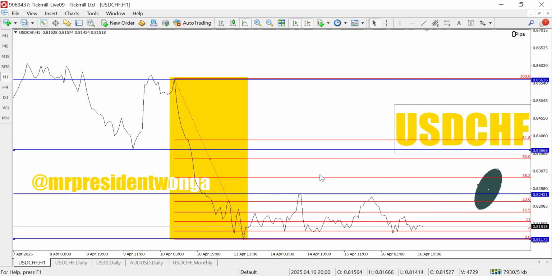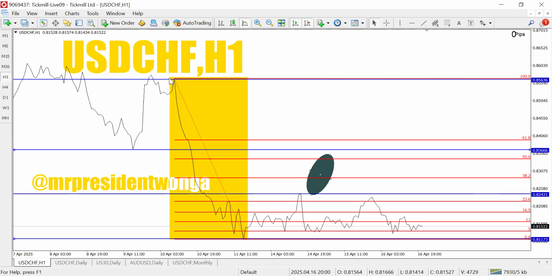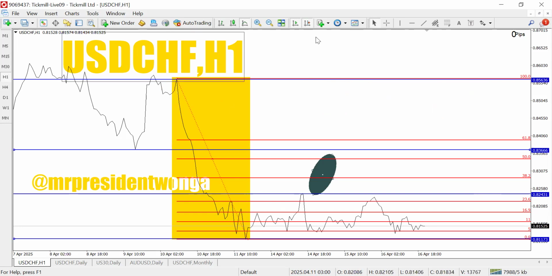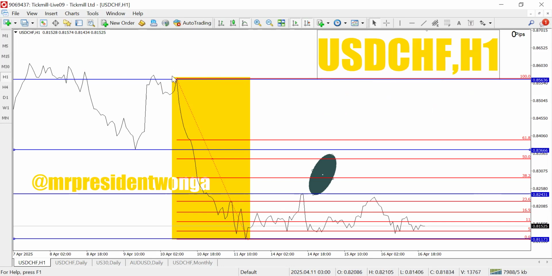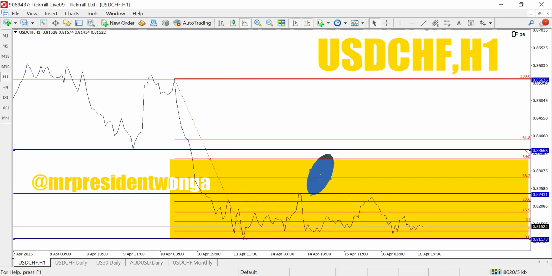So what you want to do, let me remove this. Once again, let's put this here. Once again, the significant level is this one, 50%. You can see between 50% there is this zone here.